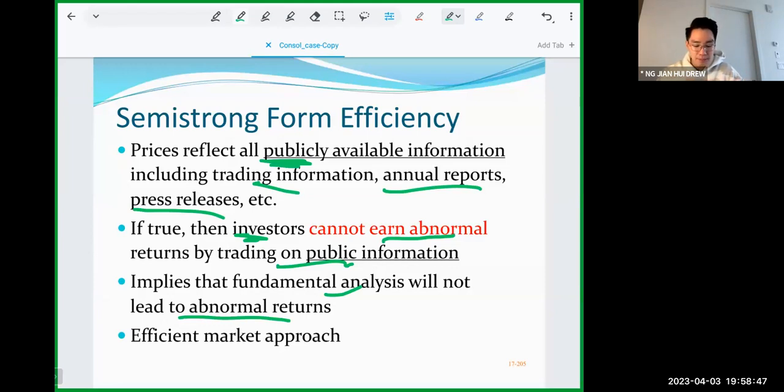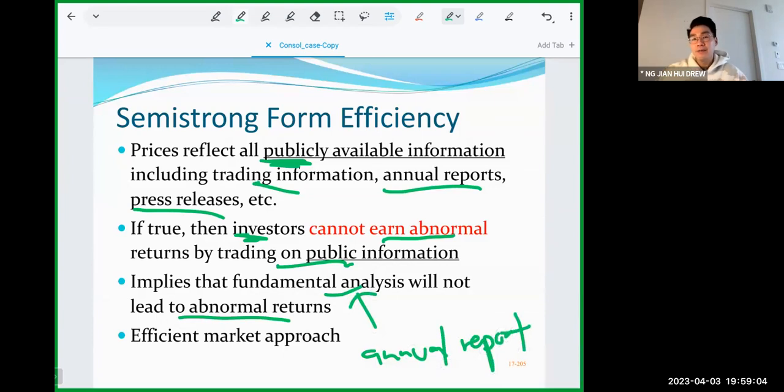So what does it mean? It implies that fundamental analysis will not lead to abnormal return. Why? Because remember when we learn about fundamental analysis, we are using the annual report information, right? And annual report information is publicly available information.